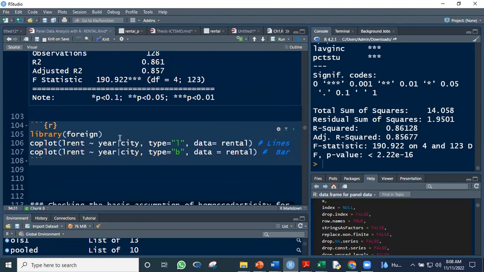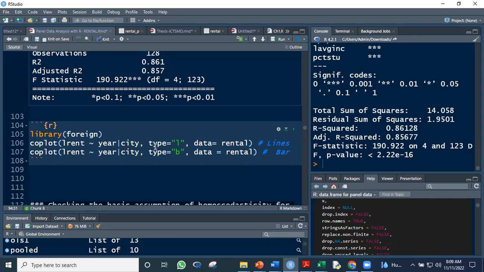For this one, we tried to run this last time, the coplot. Unfortunately this does not work well with our data because we have so many cities, 64. This would work well if there are fewer cities, and then you can see the behavior of log rent.